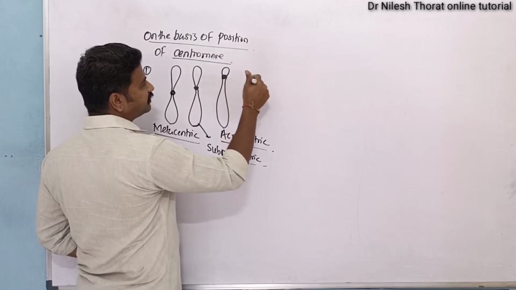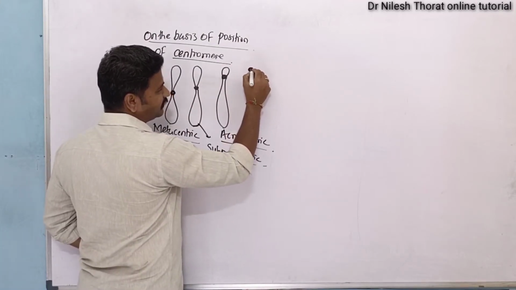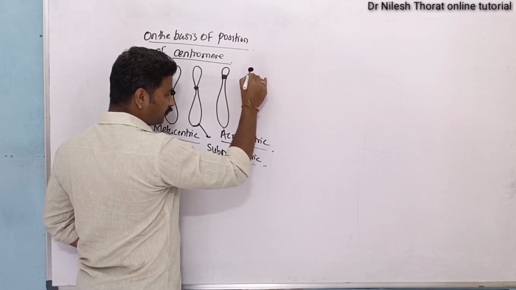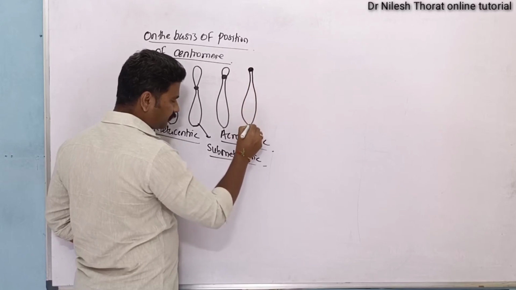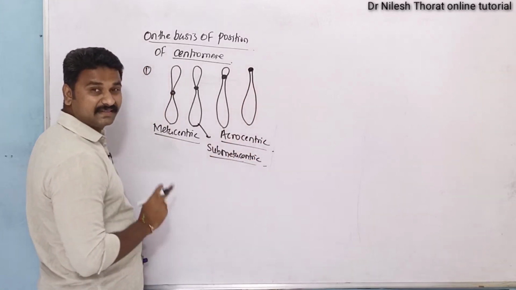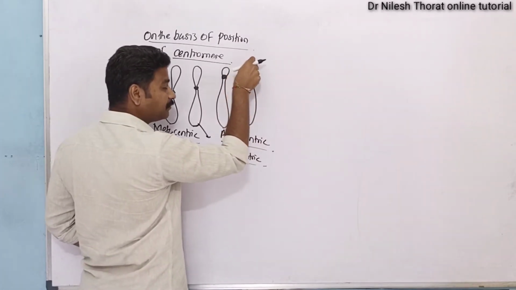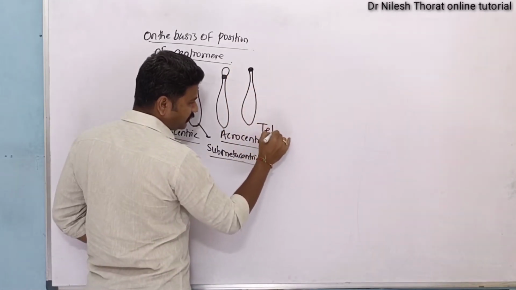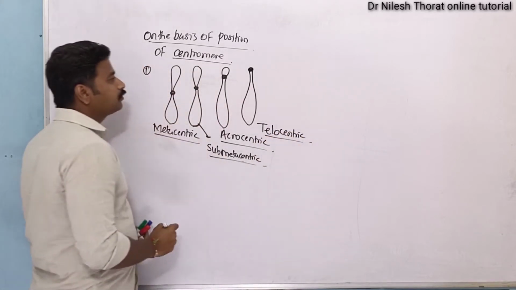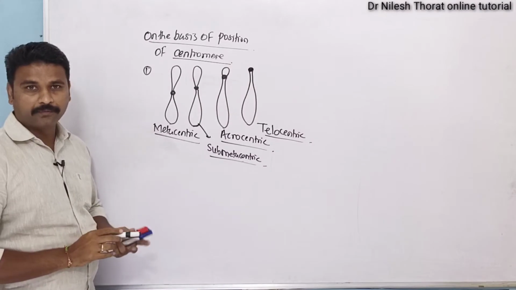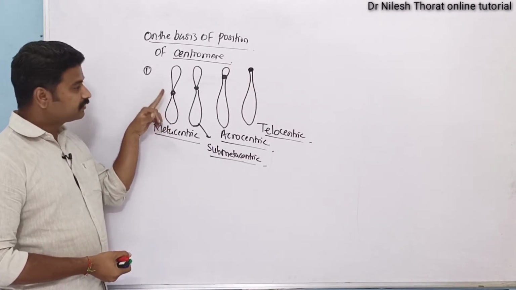And now if it is shifted at the tip of the chromosome, the chromosome will have only one single arm, and such a type of chromosome which has only a single arm and in which the centromere is present at the tip is called a telocentric chromosome.